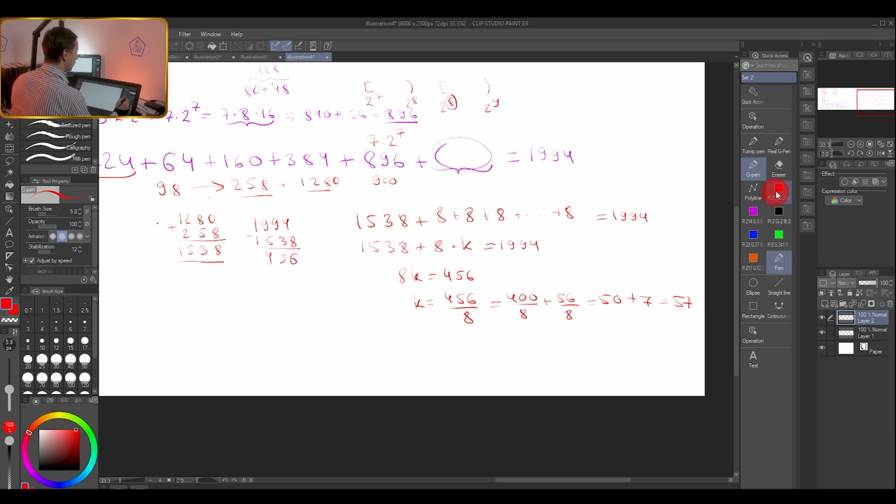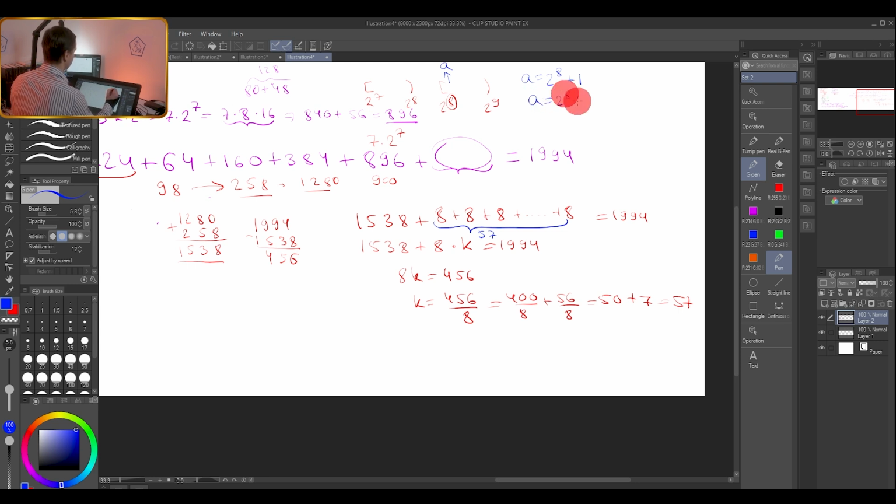In order for this equality to be true, we should have exactly 57 eights. When a is equal to 2 to the power of 8, it is the first 8 that we have. When a is equal to 2 to the power of 8 plus 1, it is exactly the second 8 from this contribution.